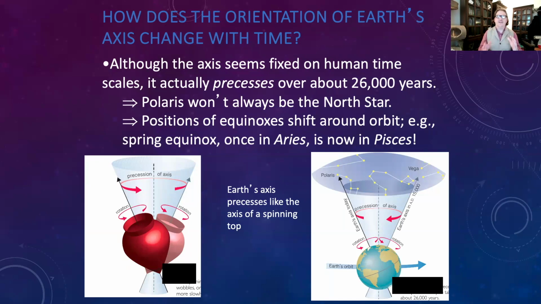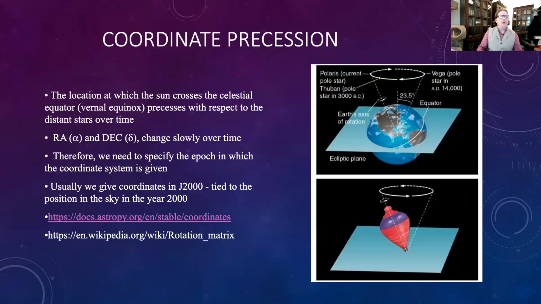I don't believe Vega is going to be nearly as north as Polaris is, but Vega, the brightest star in the constellation of Lyra, which currently is best seen in the summer, will actually be the North Star. And so what this means is that we need to update the right ascension and declination.